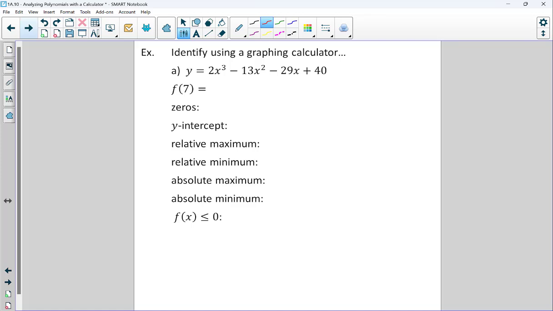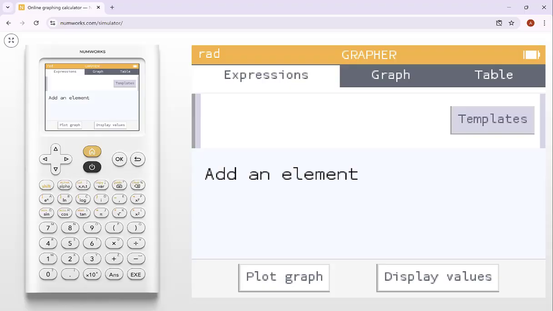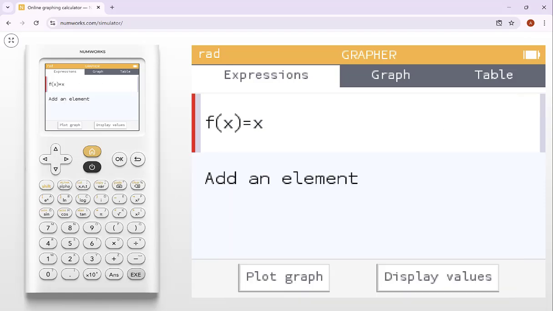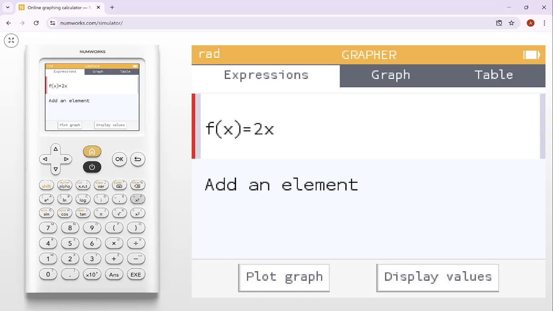So let's go ahead and type this in, 2x cubed. So I'm going to just use function notation this time. And it's supposed to be 2x cubed. I'm going to use this button right here for the exponent.